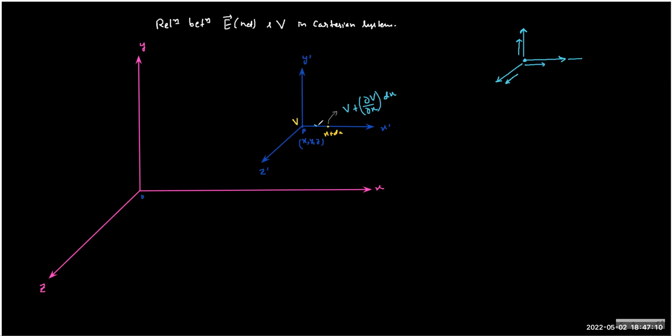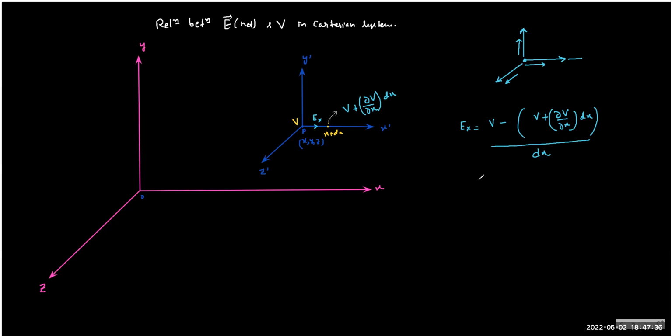And so we can add the component of field in this direction, we can call it Ex. So can we write Ex as v minus v plus del v by del x, upon dx? Yes, sir. So you have worked around by dx value.